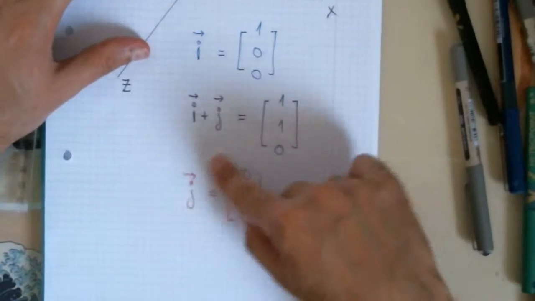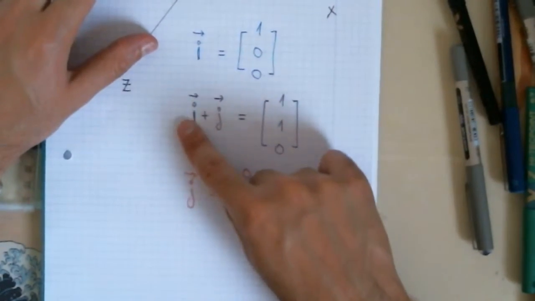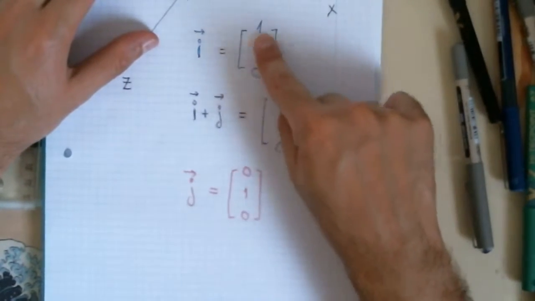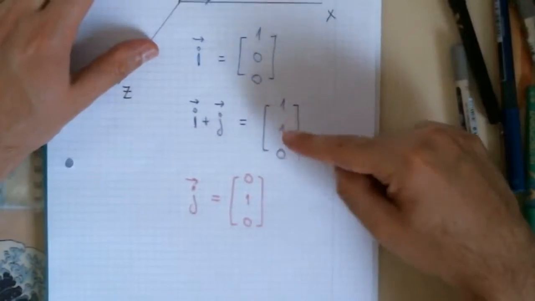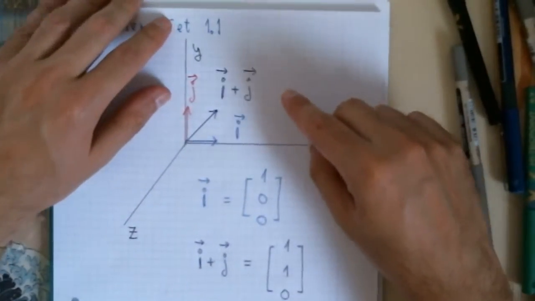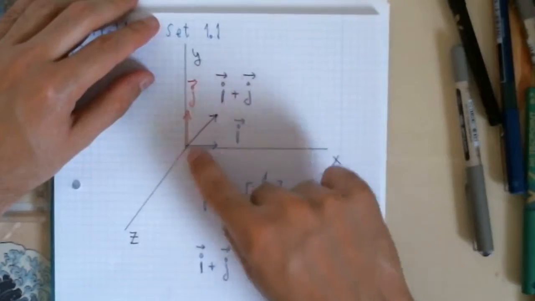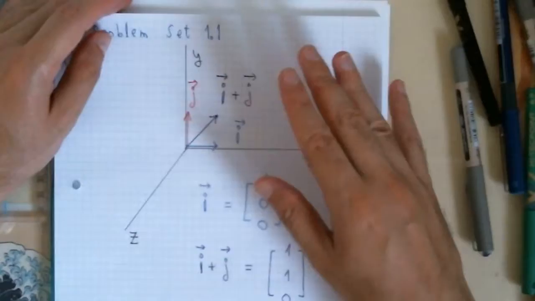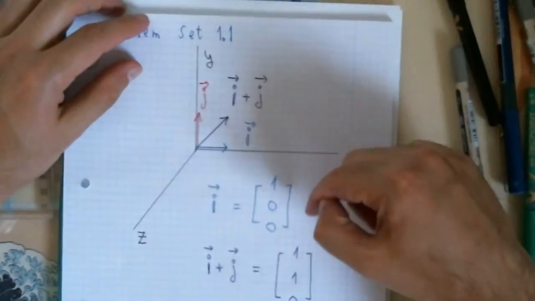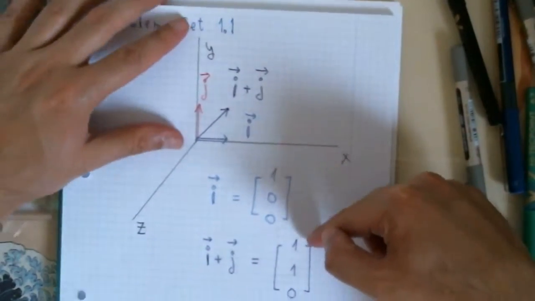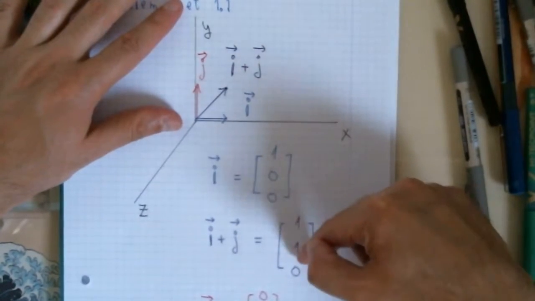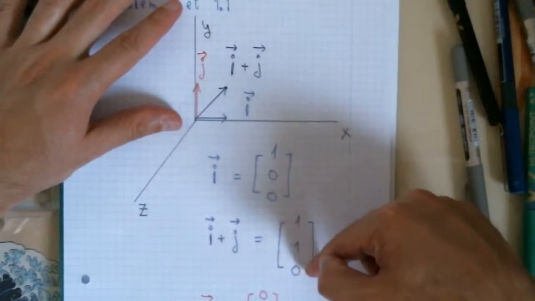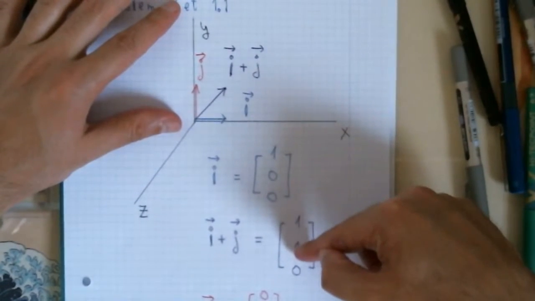But even if we don't isolate j from I plus j, if we don't do I plus j minus I and get j, we would still understand that I and I plus j give us all the xy plane in all directions, because they give us components in x and in y.